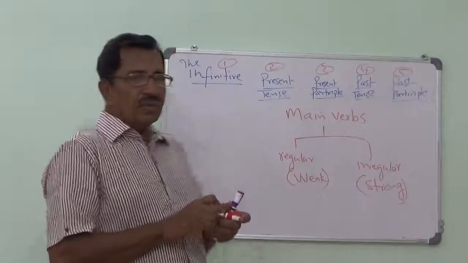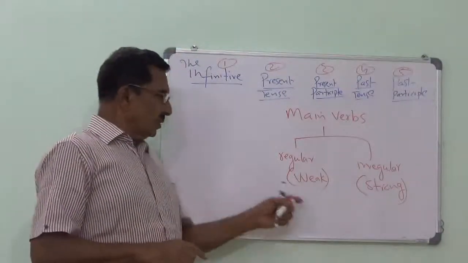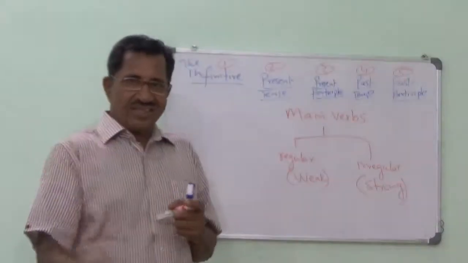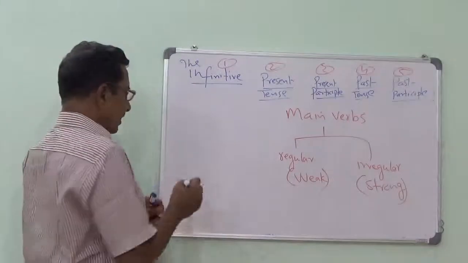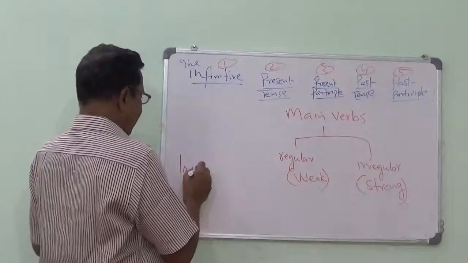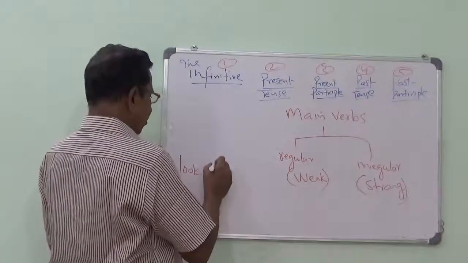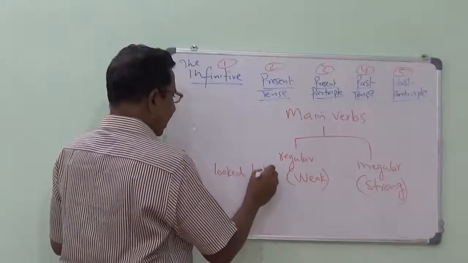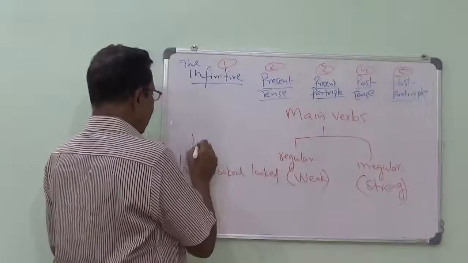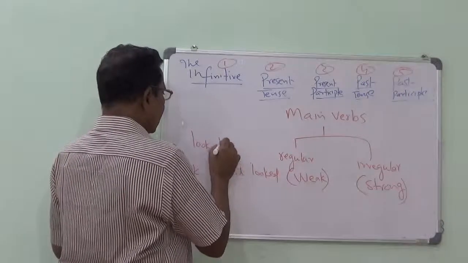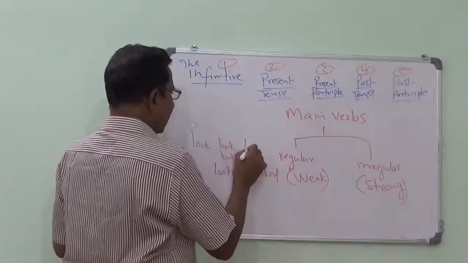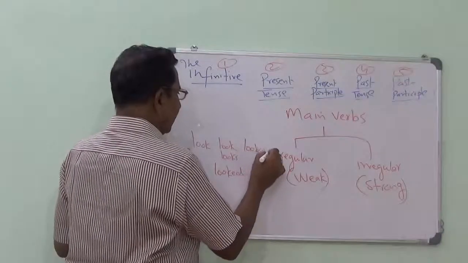Maybe the reason, as I told you, is that regular verbs always depend on somebody else for past tense and past participle. See, a simple example is look: past tense is looked, and past participle is looked. Other forms are look, looks, looking. That is no problem.